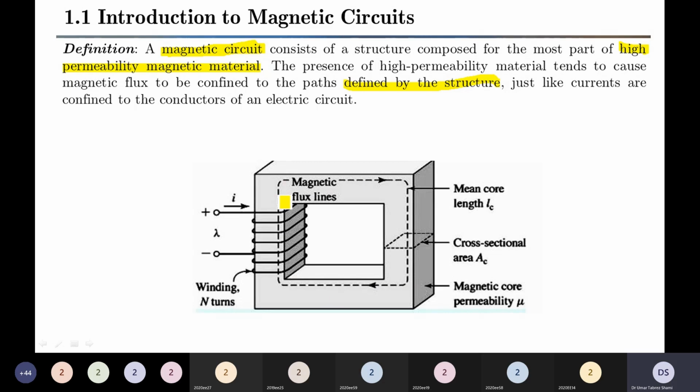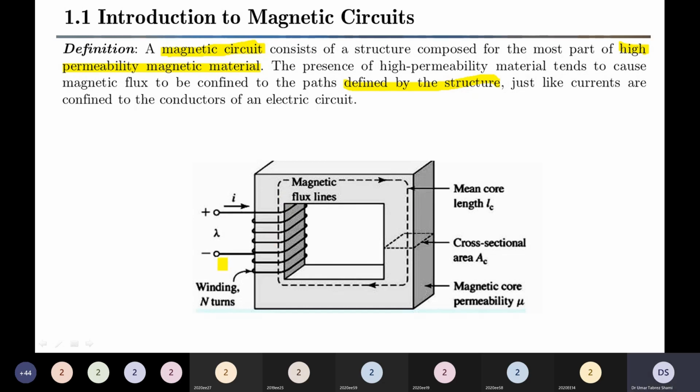This is very important to note: whatever the shape of the material, the flux line will follow the path according to the shape of the material. An example is given: like current passes through electric circuits through the conductors, likewise the flux will pass through the material defined by its shape.